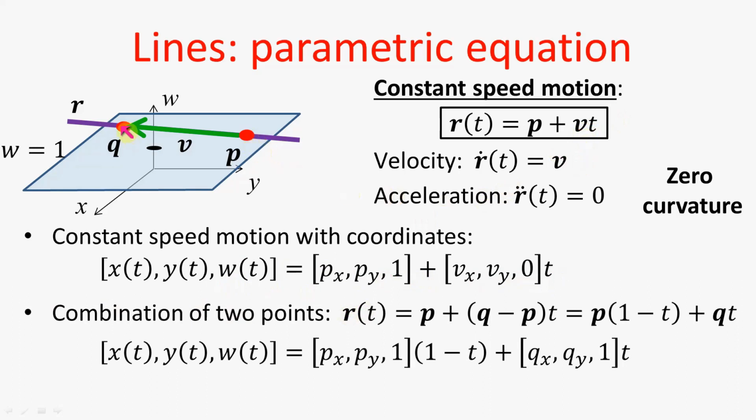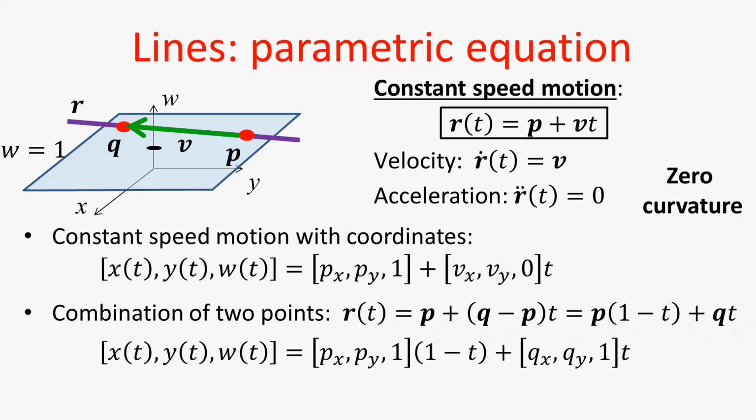On the other hand, a vector is just the difference of 2 points. So let us select 2 points P and Q on our line and express V as the difference of the 2 points. Our line equation looks like this: P plus the velocity vector, which is now the difference of the 2 points multiplied by t, the time. This formula can be reorganized in the following way, which is called the combination of 2 points.